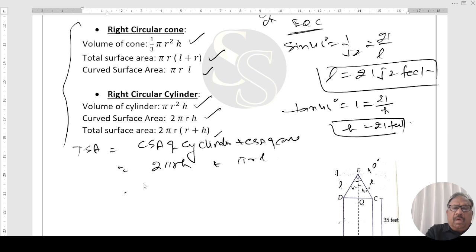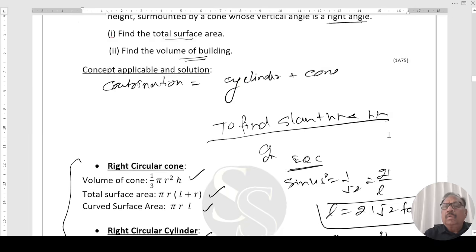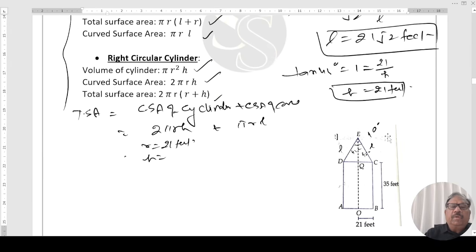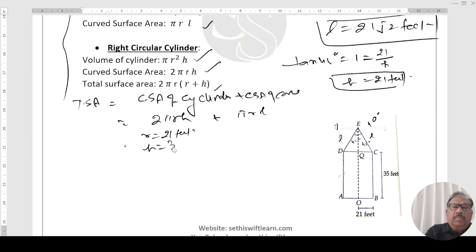In this case, r is 21 feet, h is 35 feet, and l is 21 root 2.